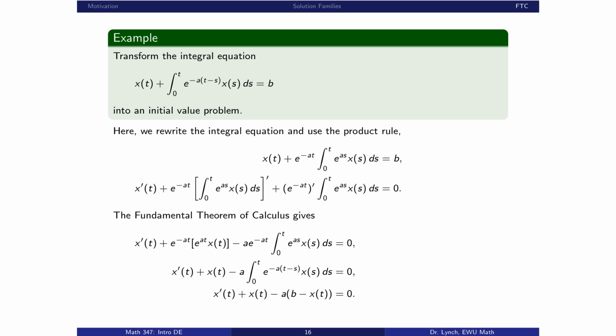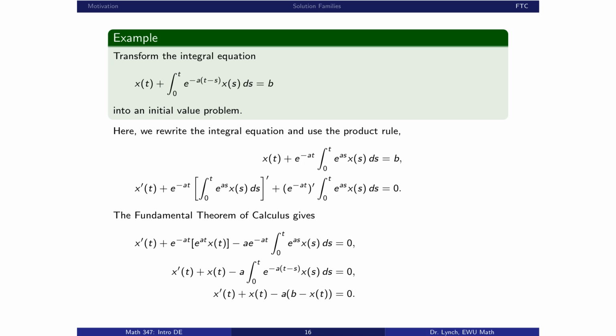Now, at first glance, it doesn't look like we've made our life any easier, but manipulating the third term in this expression, the term involving the integral, we can express it as the integral from 0 to t of e to the minus a times t minus s, x of s ds, which is exactly equal to b minus x of t from the original integral equation.